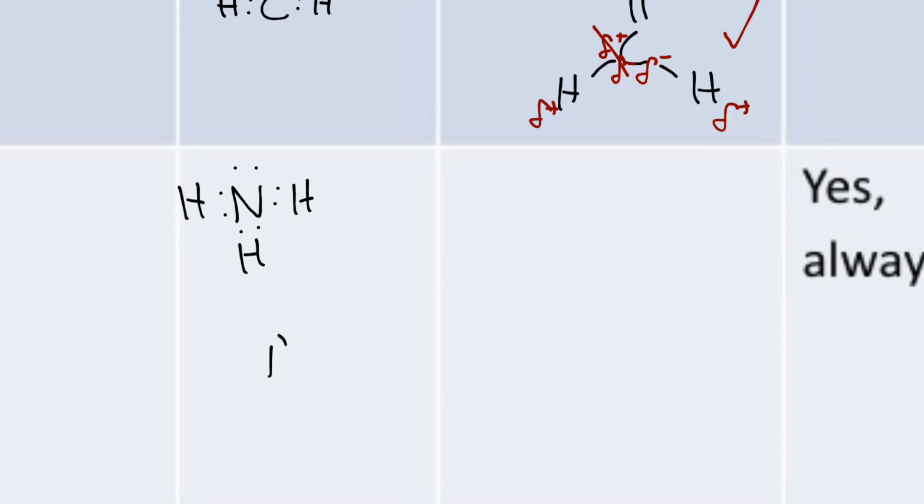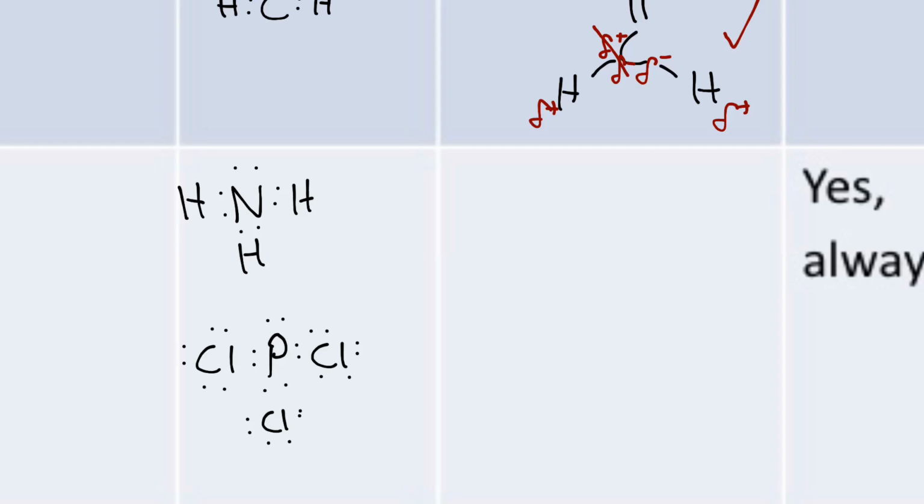As is phosphorus with some chlorines. And remember, dot structures do not have to follow the shape of what we're looking at. They just show the bonds and where all the electrons are.